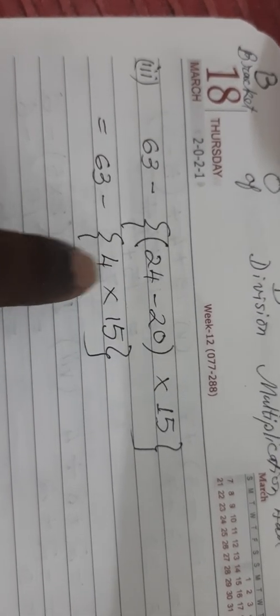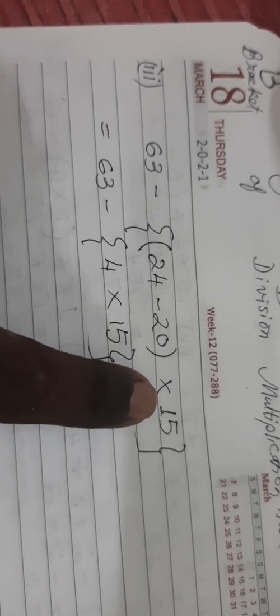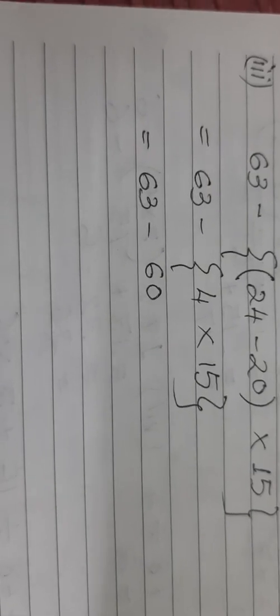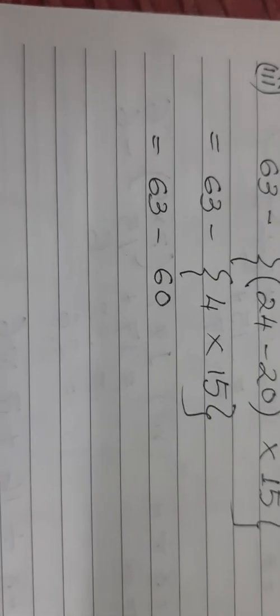So now we have the second bracket. In the second bracket, this 24 minus 20, that 4 is there, multiplied by 15. 4 into 15, 15 into 4 is 60. So in the next line we are going to write 63 minus 60, because 4 into 15 is 60.